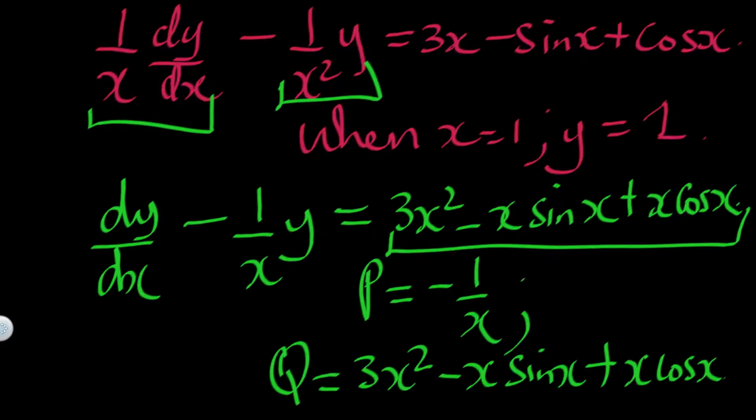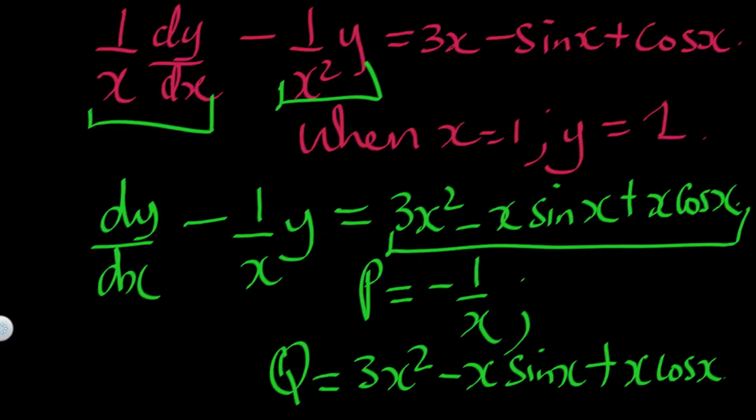Very important that you identify your P and your Q accurately and clearly. So now I have my P, I also have my Q. I can now move to the next stage, which is getting all these integrals of P dx that I can now substitute into my solution formula. All we need to do is to get all the elements that are in the formula. Then we substitute them there, and then we do the integration.